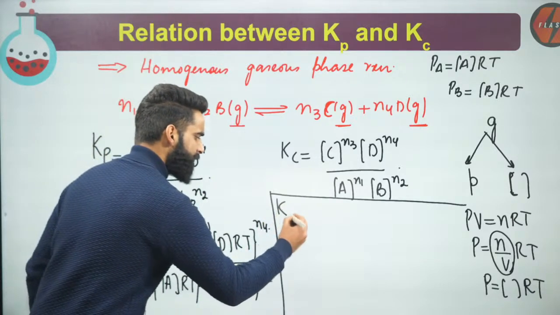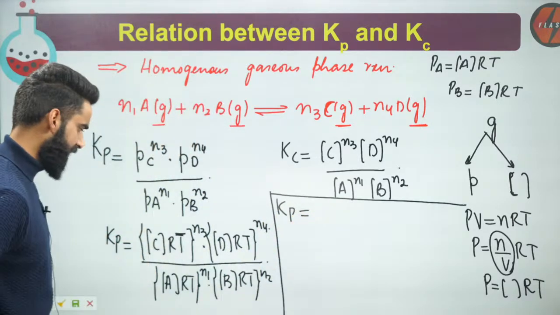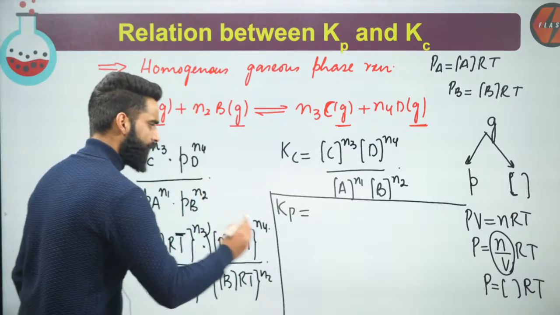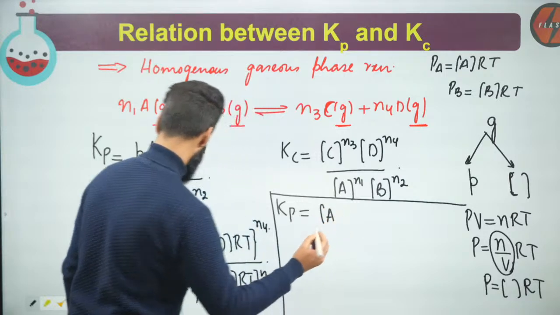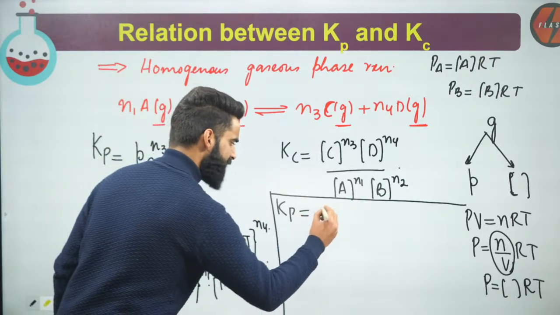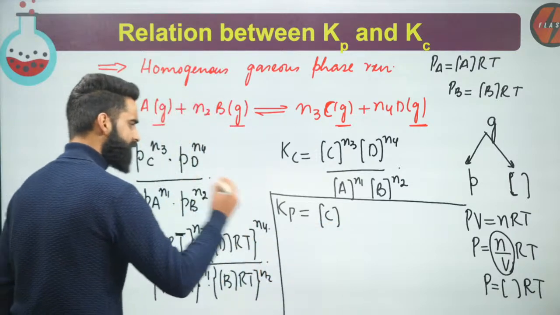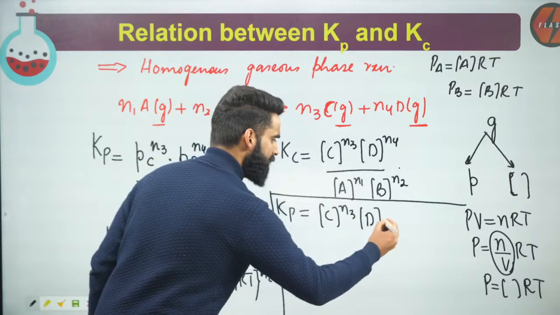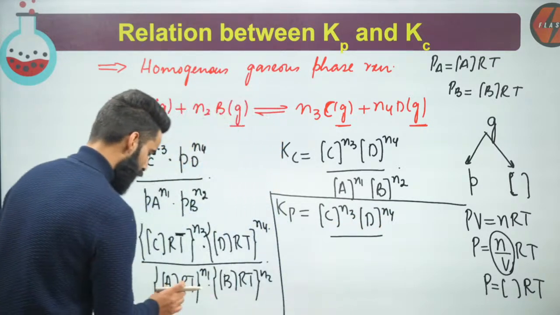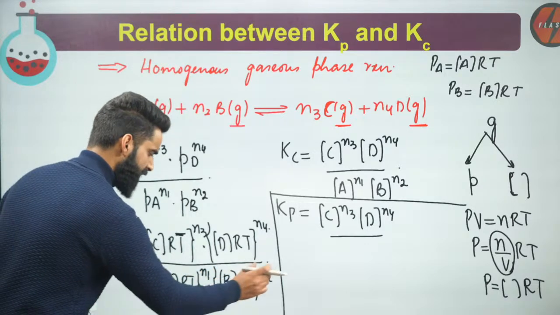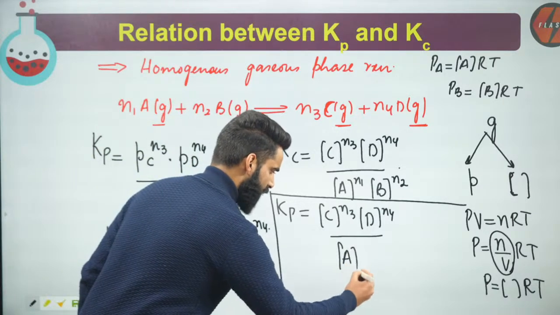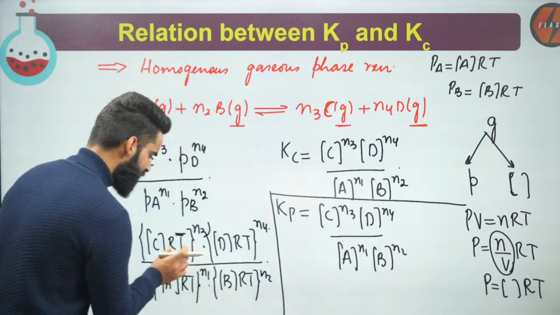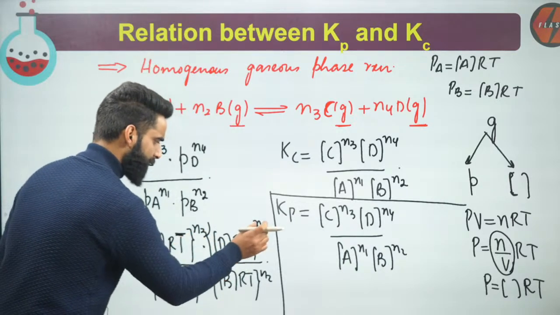I'll be writing Kp as concentration of C to the power n3 multiplied by concentration of D to the power n4, divided by concentration of A to the power n1 multiplied by concentration of B to the power n2. And over here we have RT to the power n3, RT to the power n4.